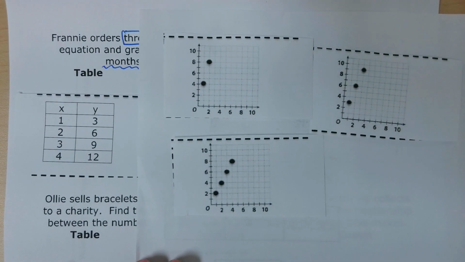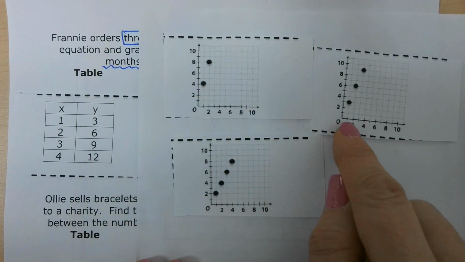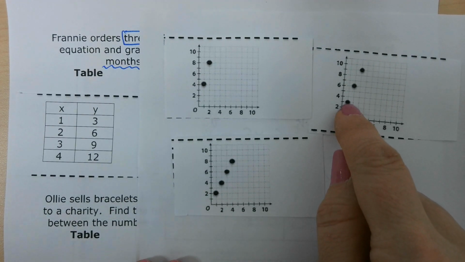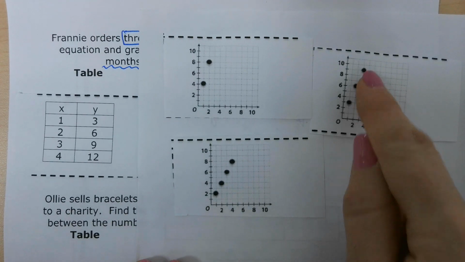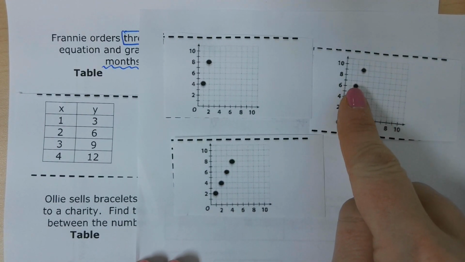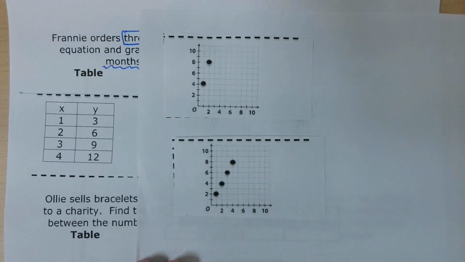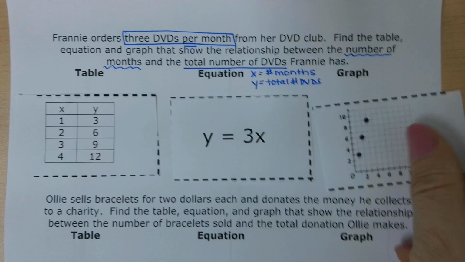So we're looking for the point 1, 3. Well, there's 1, 2. There's 1, 4. There's 1, 3. Very good. And then 2, 6 and 4, 12 are what are graphed there. So this would be your proper graph for that equation.